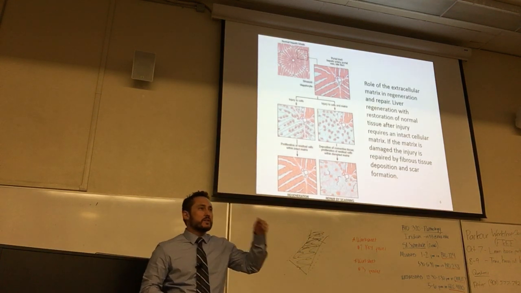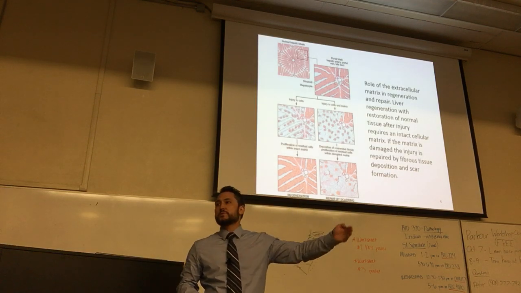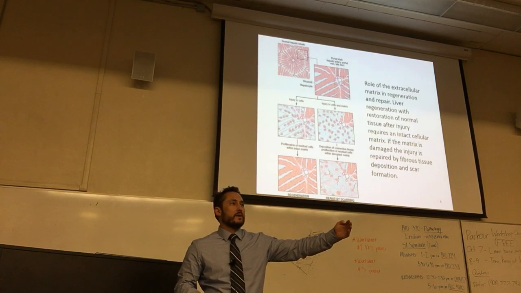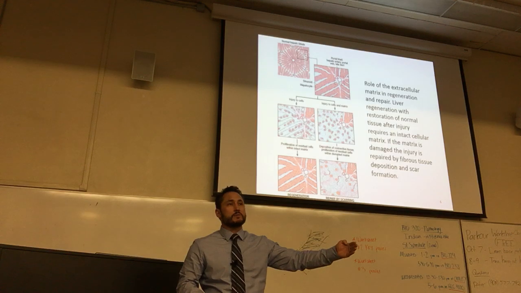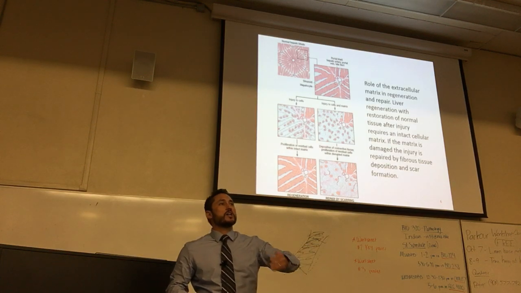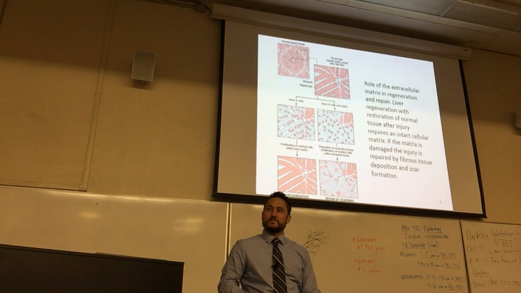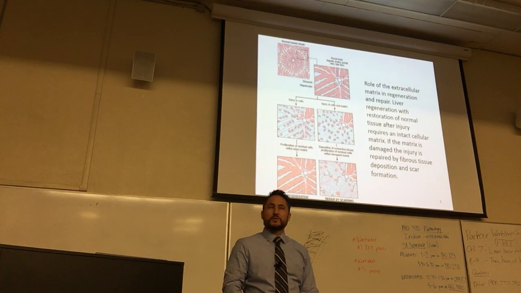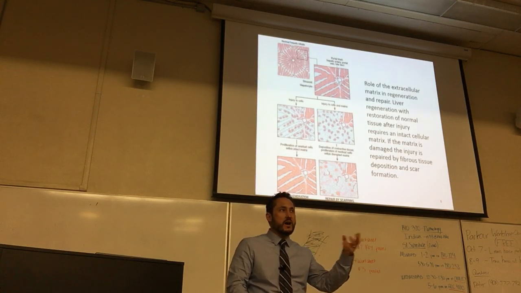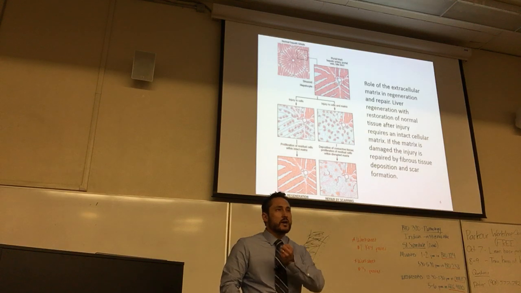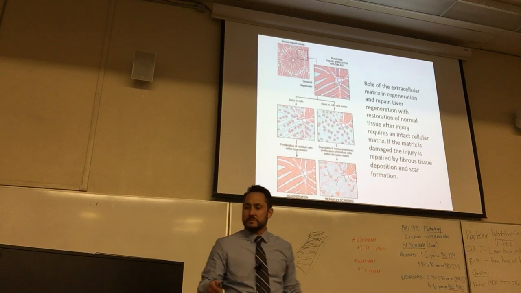So if you have liver under a chronic inflammatory situation, like an alcoholic who won't stop drinking, you're going to get constant remodeling of the liver, and that's where the scarring comes from. You get the remodeling because the macrophages stick around, and they're constantly causing tissue damage. Okay?